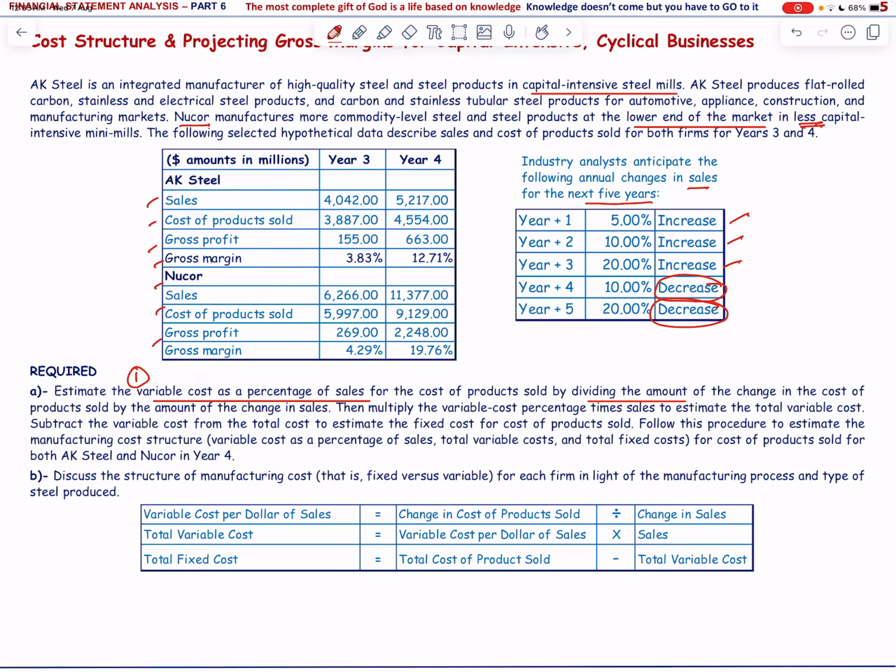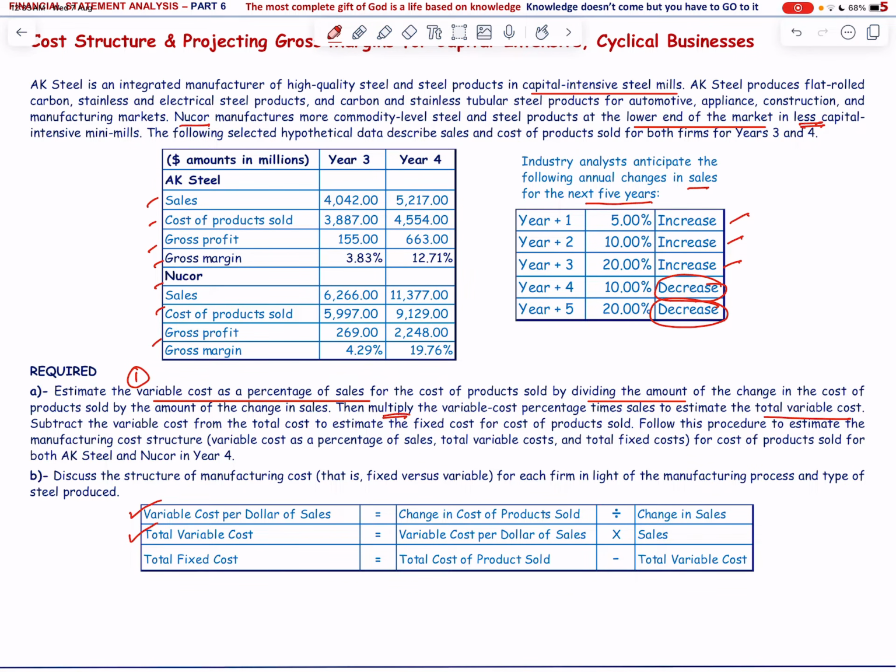Then multiply the variable cost percentage times sales to estimate the total variable cost. So first we calculate the variable cost per dollar of sales, and then the total variable cost.